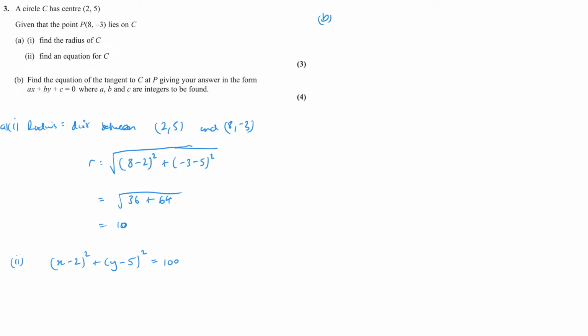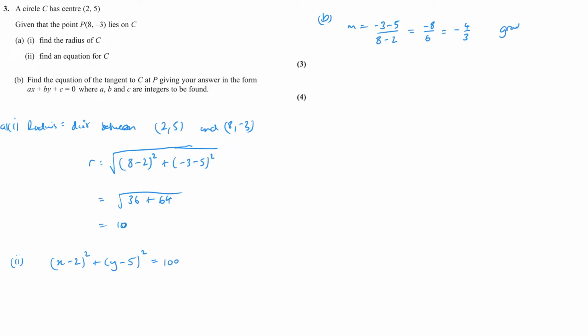So we can find the gradient of the radius, which will be the difference in y's, minus 3 minus 5, over the difference in x's, 8 minus 2, so that's minus 8 over 6, or minus 4/3. And then the tangent is going to be perpendicular to that.